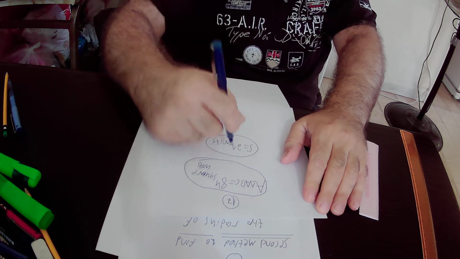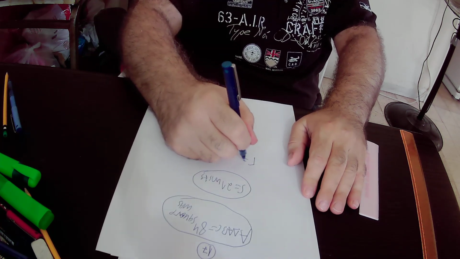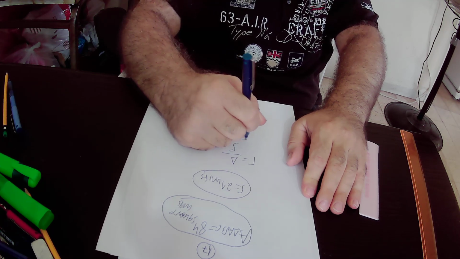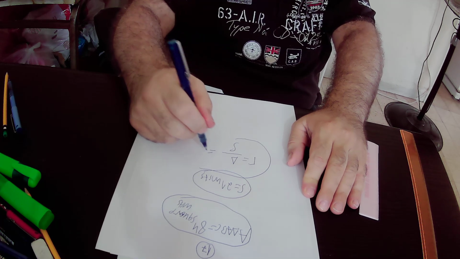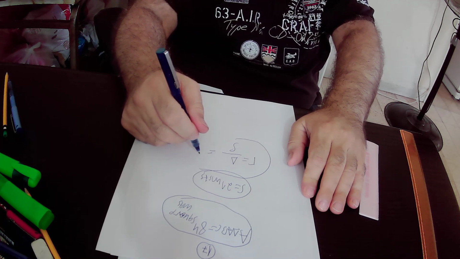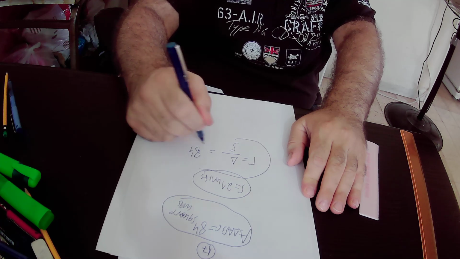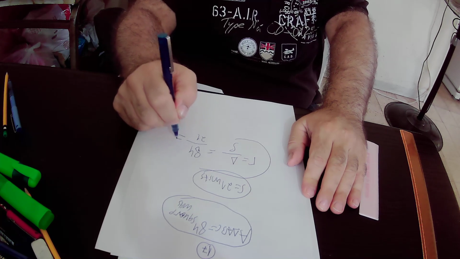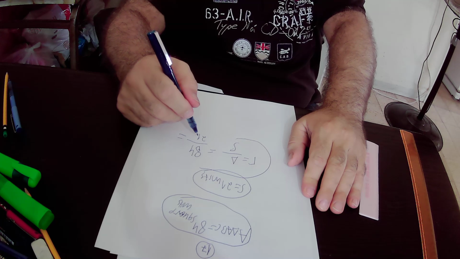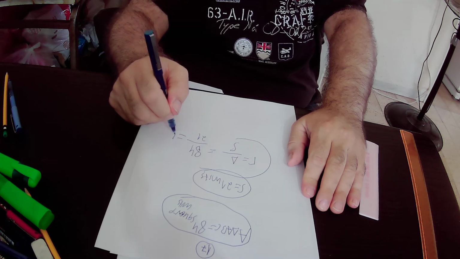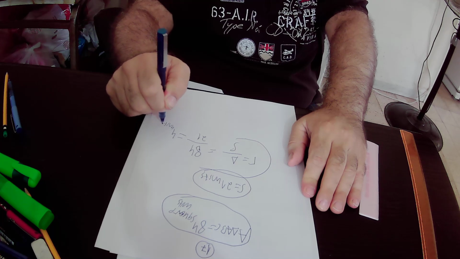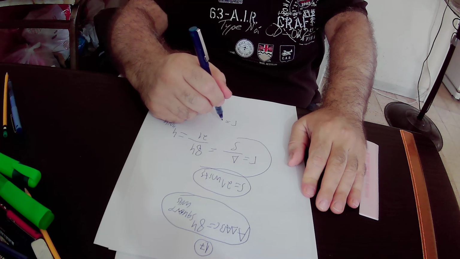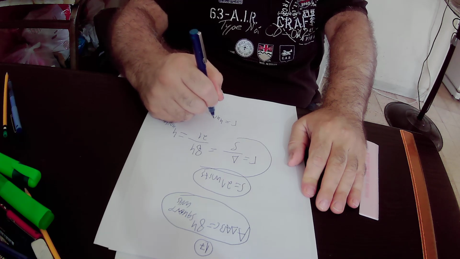So R equals delta, that is the area of triangle ABC, over S, the semi-perimeter of triangle ABC. So it equals the area of triangle ABC, that is 84 square units, over the semi-perimeter, that is 21 units. That is to say 84 over 21 equals 4 units. So actually the radius of the green circle equals 4 units.